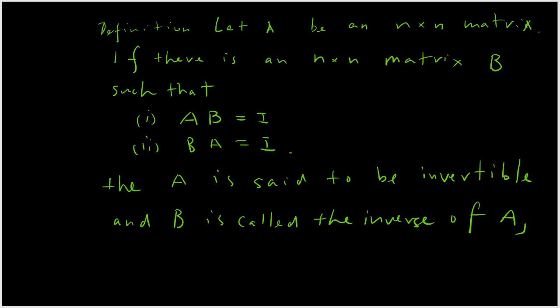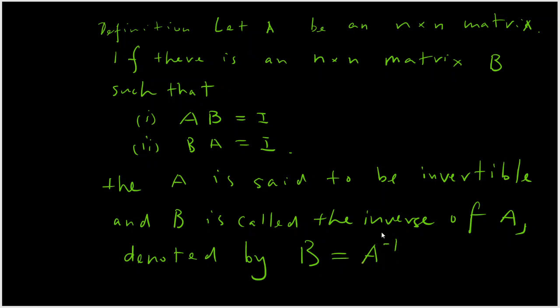Still not done yet. So denoted by, we use a notation like that to denote the inverse of A. Now look at the cursor.